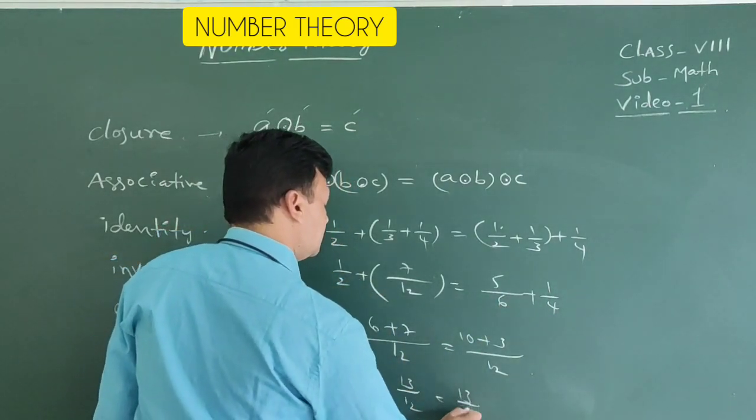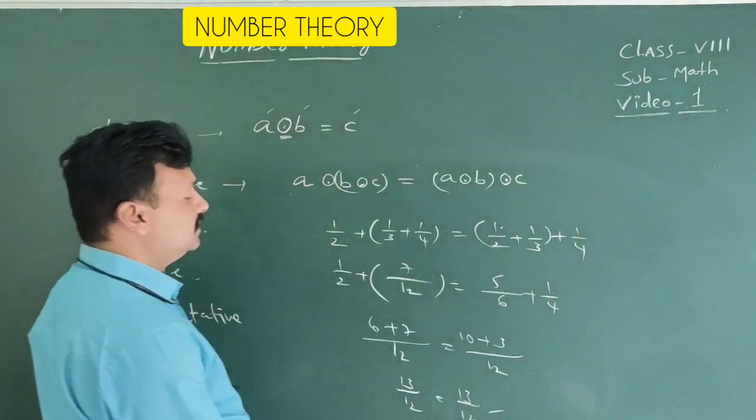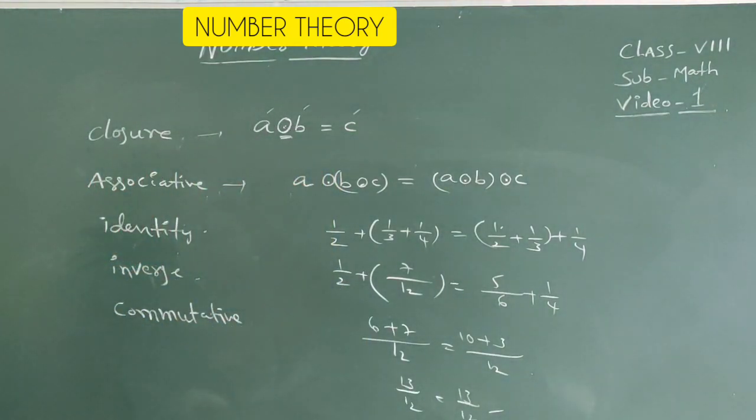Here also 13 by 12. So rational numbers satisfy the associative property with respect to addition.